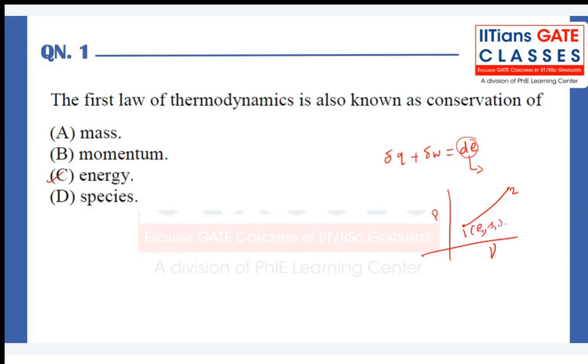Similarly at state 2, I can write E2, S2, etc. Once the process has taken place, I can write the change in properties as E2 minus E1 or S2 minus S1.